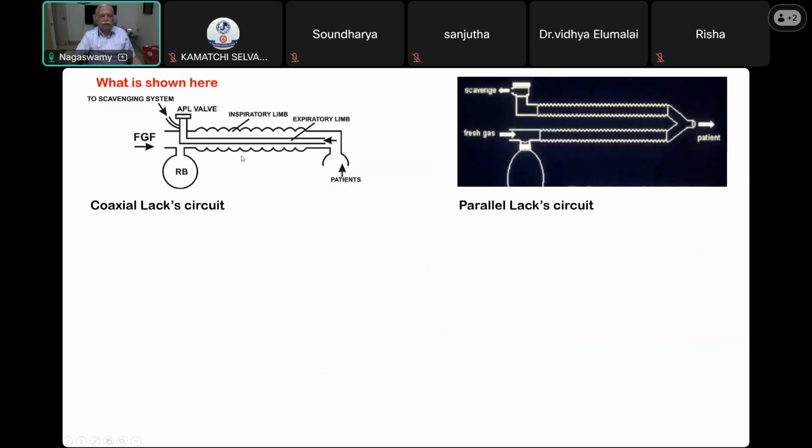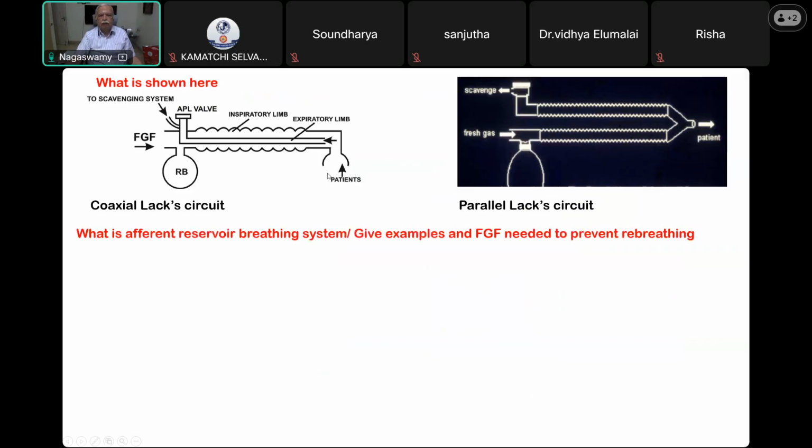If it is reversed, if the inner tube is the inspiratory fresh gas flow tube, and the outer tube is the expiratory limb, that is the Bain circuit. So that is the difference between the tubes. And if the two tubes are separately placed, one for fresh gas flow and another to deliver the exhaled air, then it becomes a parallel Lack circuit. This is a coaxial Lack circuit.